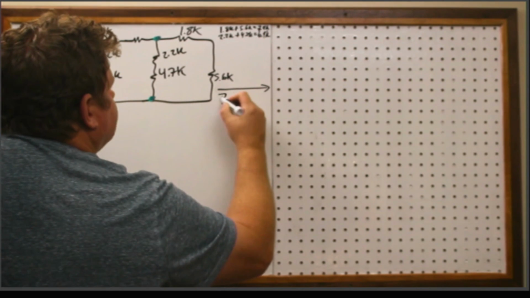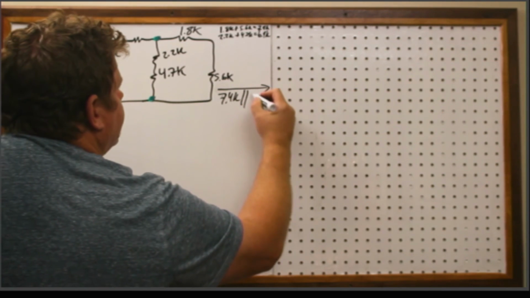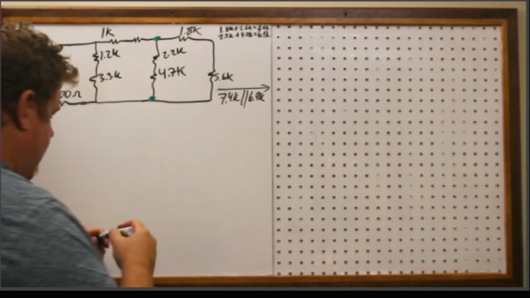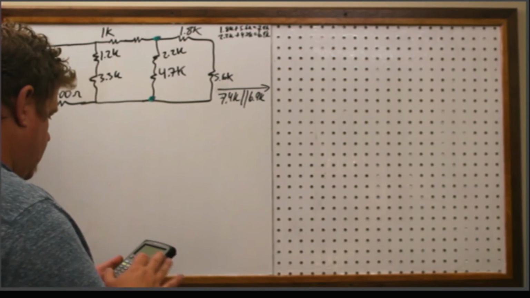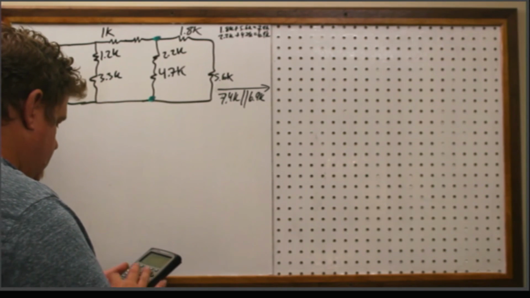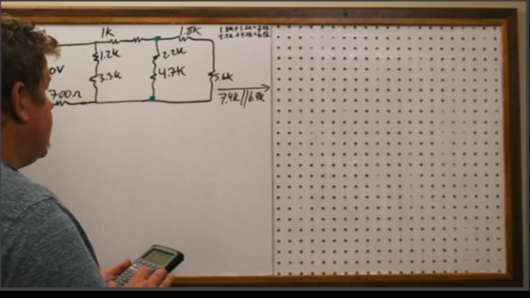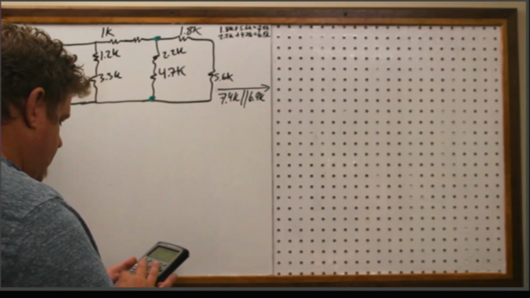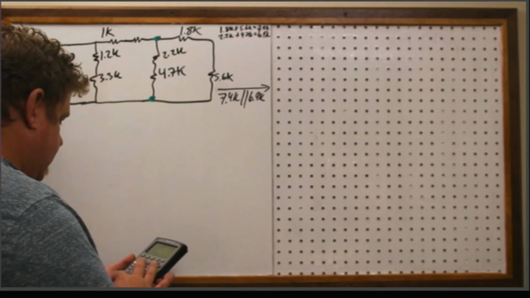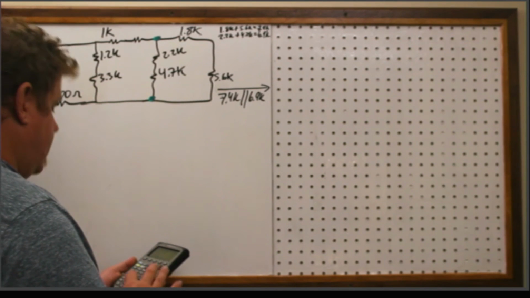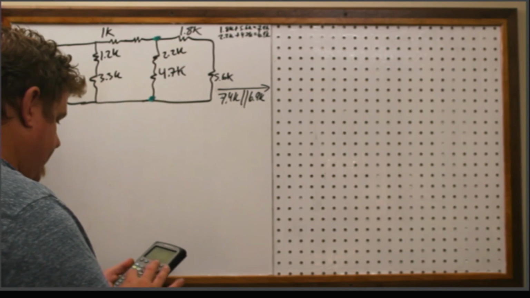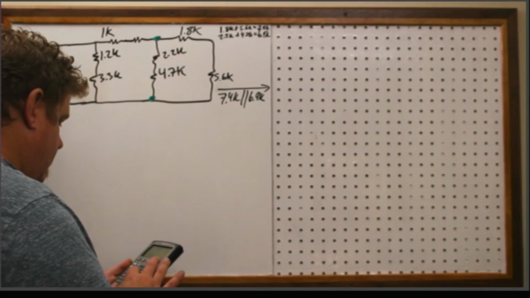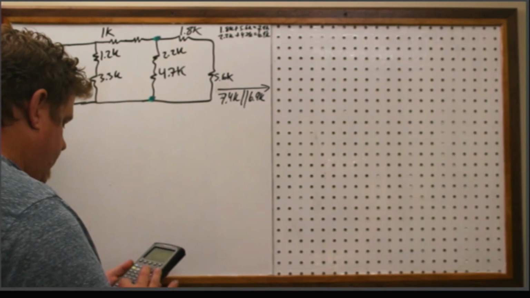So I've got 7.4K in parallel with 6.9K. 1 divided by 7.4 plus 1 divided by the other one, and take the whole thing to the -1.